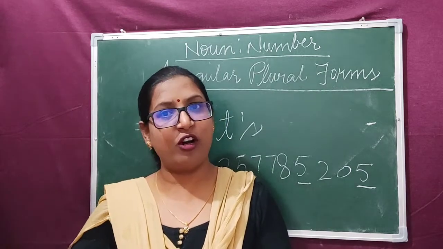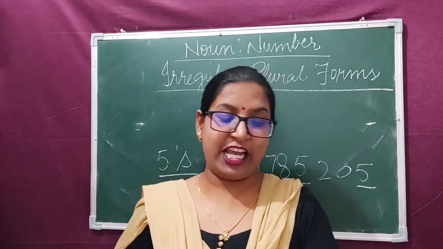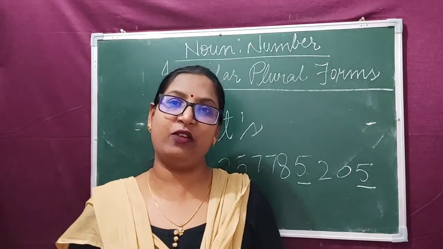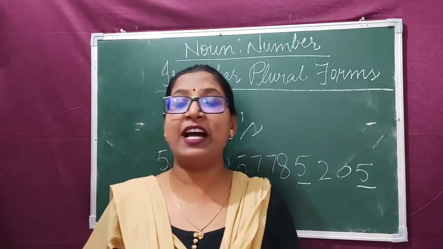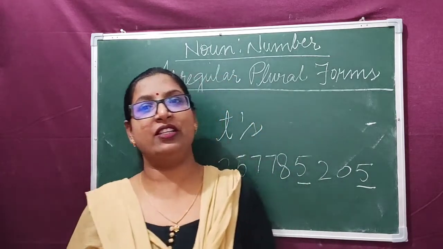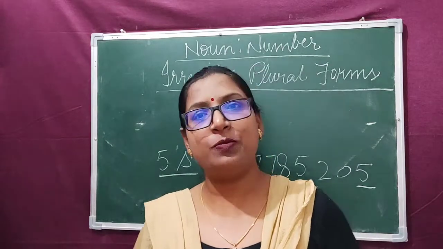They are used for plural. Therefore, they take plural verbs with them. People are gathered there. We don't say people is gathered there. We know that there should always be agreement between the subject and the verb.